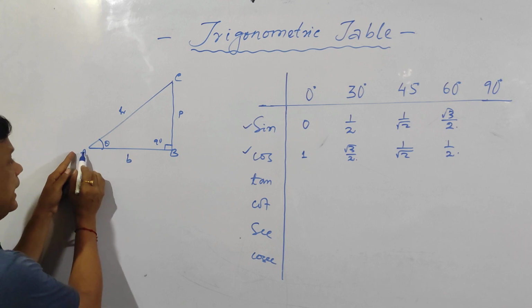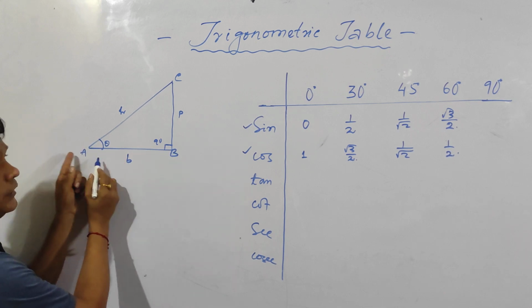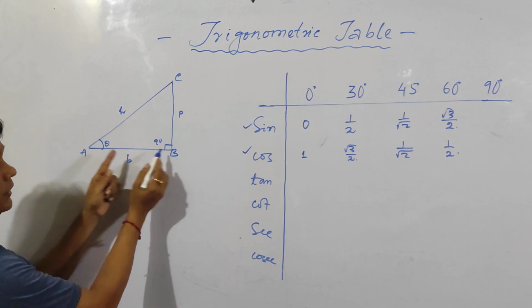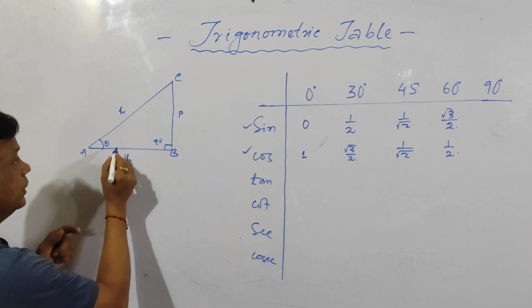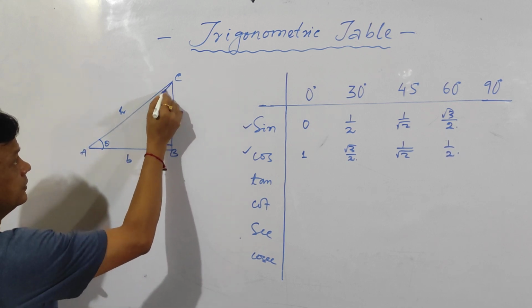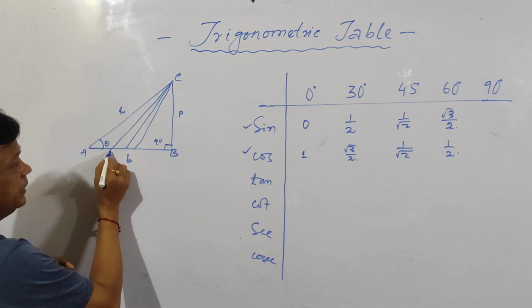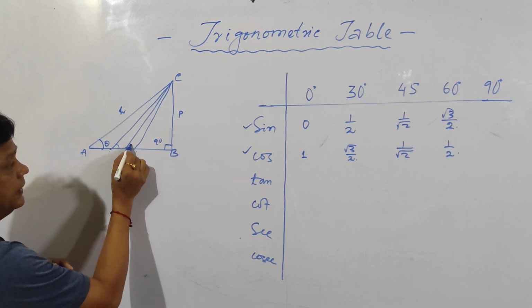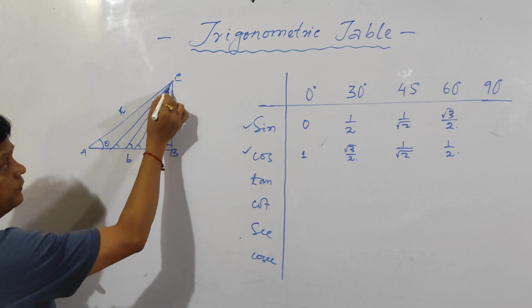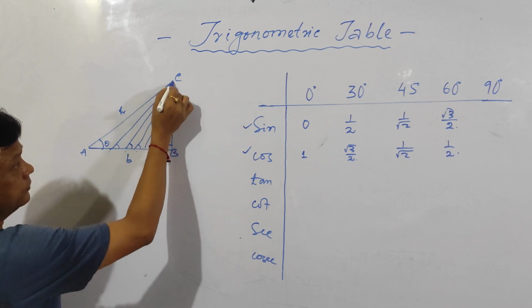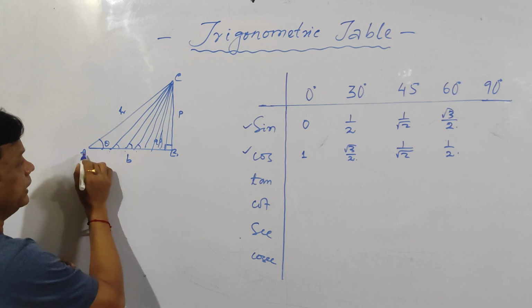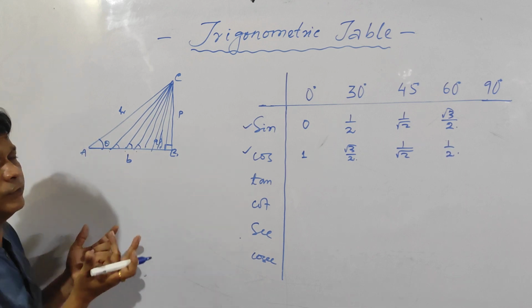So let us move A towards B slowly. Like this. Here A, here A, here A. That means the angle slightly increases, goes on increasing. So finally, if you move the point A towards B, this theta will become 90 degree.